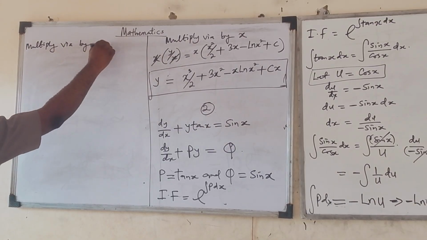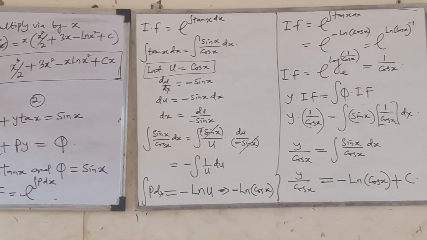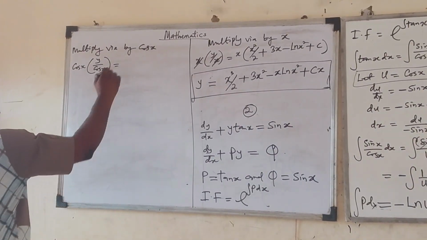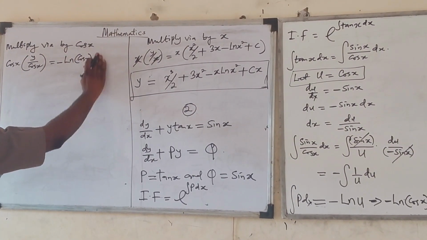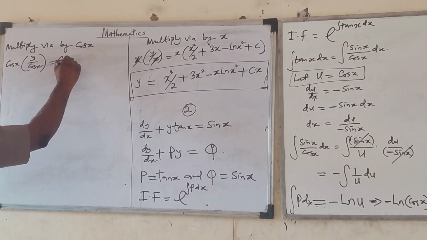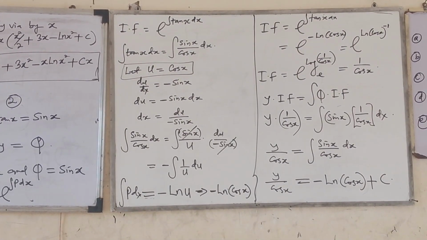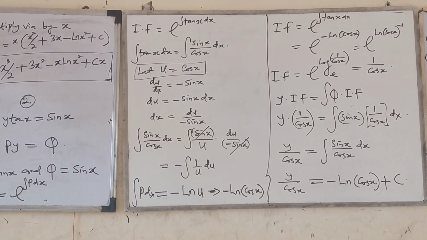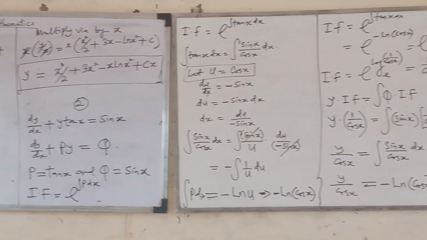Multiplying through by cos x, for the left hand side we have cos x times y all over cos x, which is equal to cos x times minus ln cos x, plus c cos x.